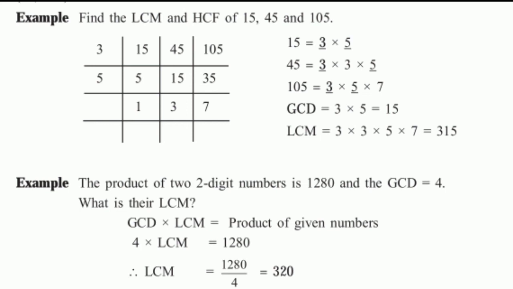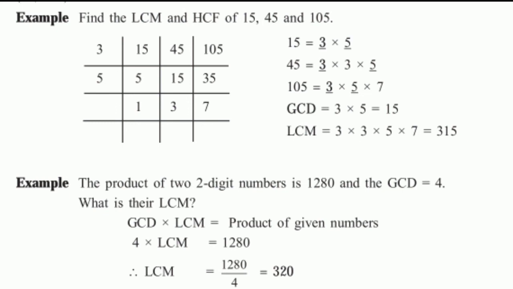Next example, the product of two two-digit numbers is 1280 and the GCD is 4. What is their LCM? So in such kind of question we will use a formula which is HCF into LCM, or we can use GCD in the place of HCF. So we will write GCD into LCM equals product of given numbers.